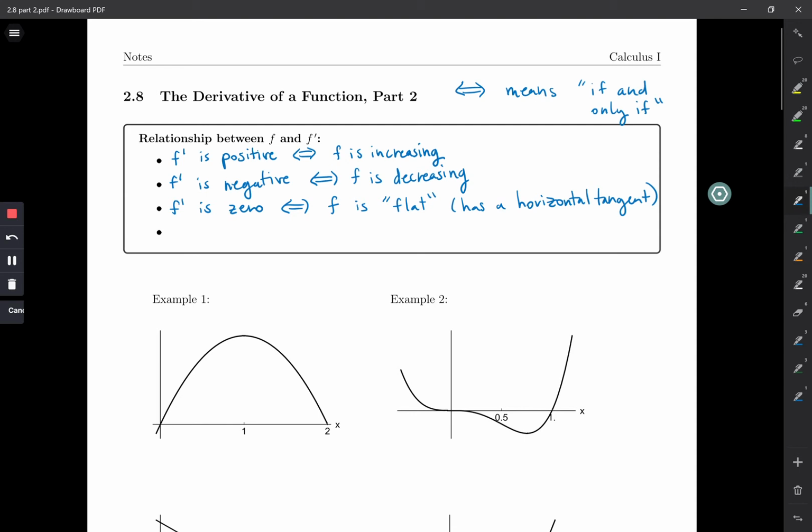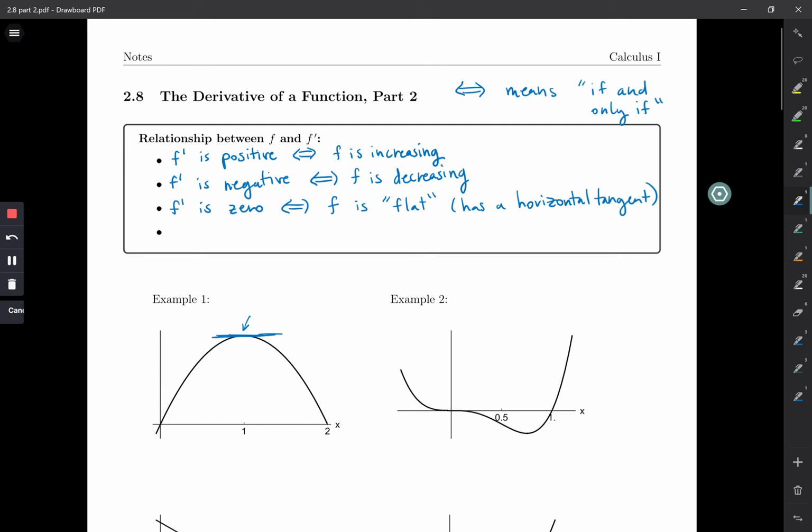So just to jump ahead, in this example we have right here, this point at the top has a horizontal tangent there. So it's flat for just a second, just at that one point, but when we're talking about the derivative, we're talking about behavior at that point. That's what I mean.